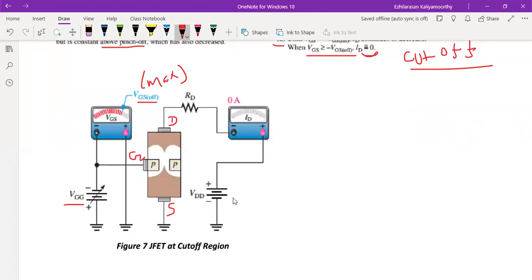Now we can see here the VDD is 5 volt. So as the VGS becomes VGS off, what is the VGS off? For example, I'm saying VGS off is equal to 5 volt. That is nothing but VP. Or I can say VGS is equal to minus VGS off.